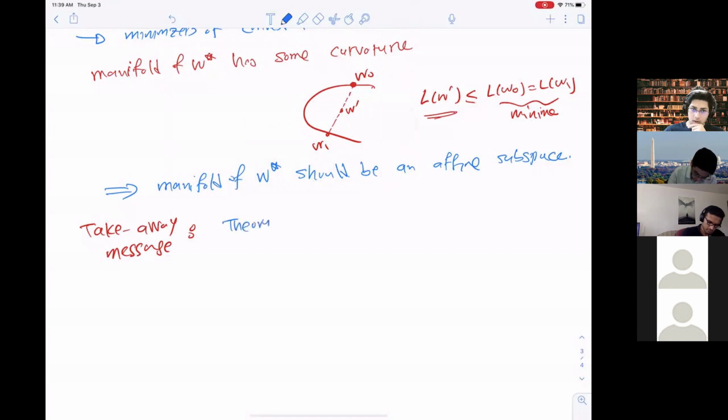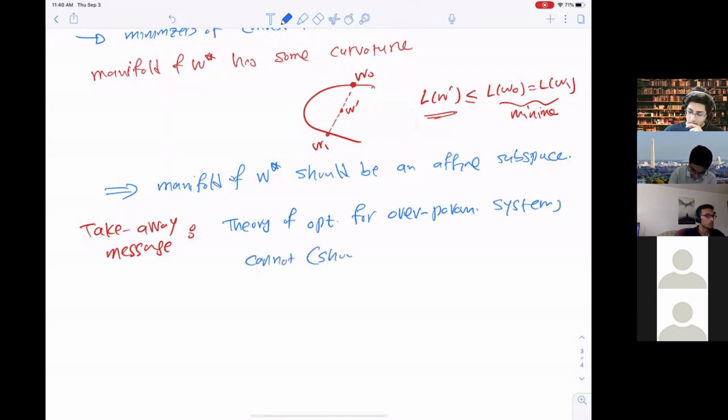So theory of optimization for over-parameterized systems cannot, or perhaps should not, be based on convexity, right? Because we are even non-convex locally, so we cannot use convex analysis to tackle this problem.